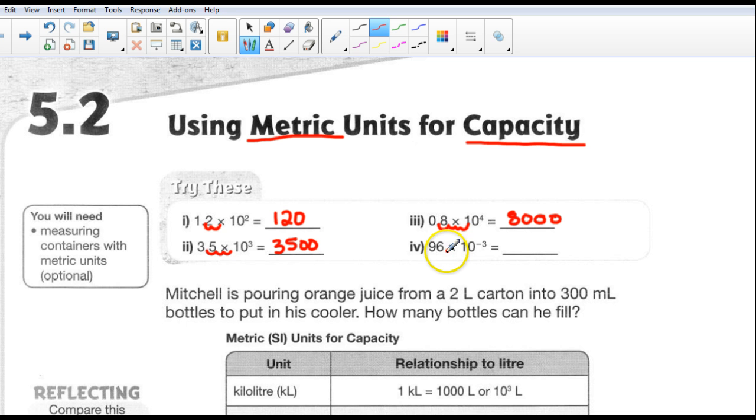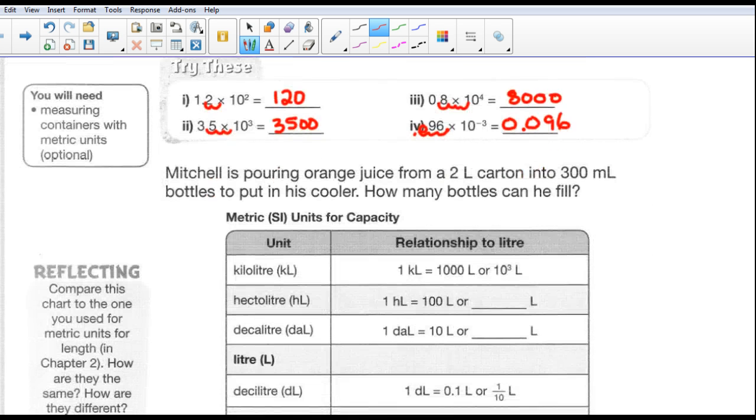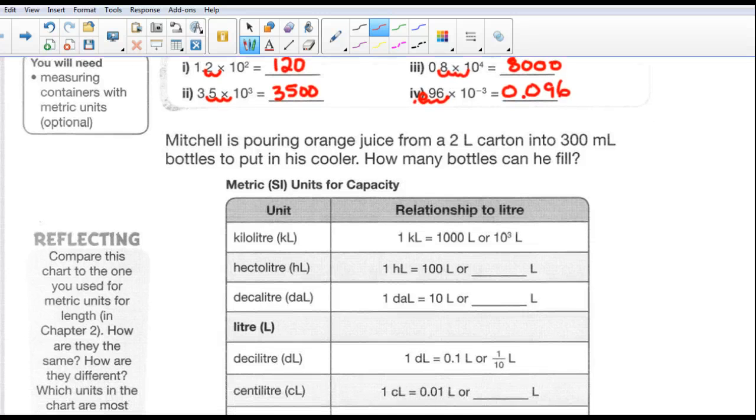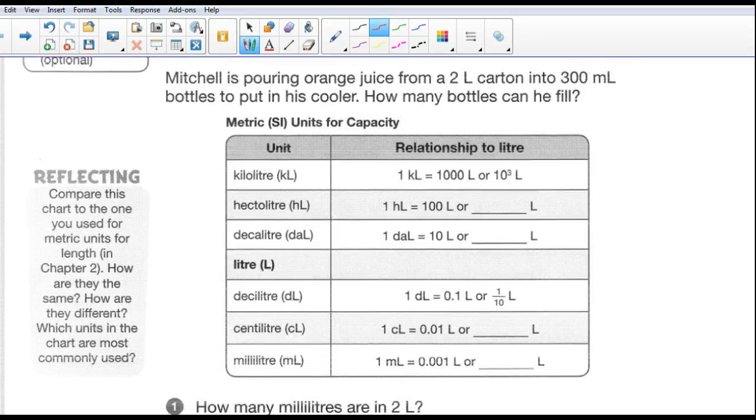We can move it 3 places to the left. 1, 2, 3. Put a decimal point there and a 0, so our answer is going to be 0.096. Okay. You can use your calculator for this, but sometimes it's more fun to use mental math if you understand what's going on.